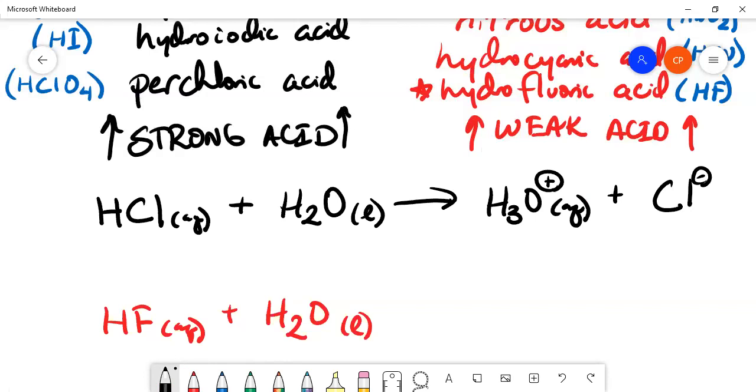That's going straight to the right and being done. When you dissolve hydrochloric acid in water, you get the hydrogen ion on chlorine transferring to the water to make this hydronium ion, and breaking off the chloride as well.